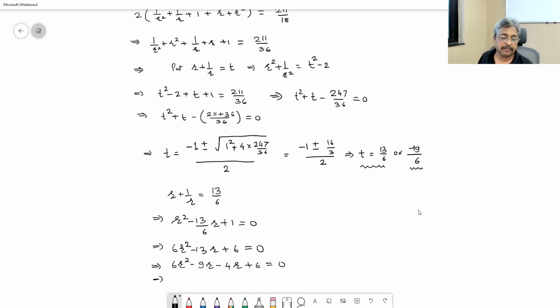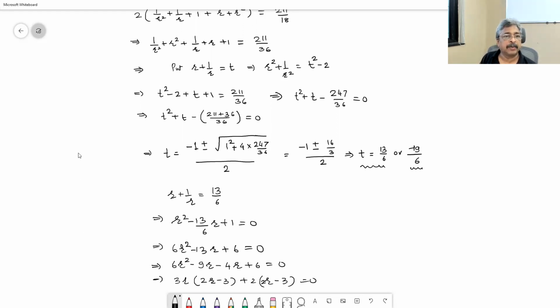What I was doing, it should get multiplied to 36. 3R inside bracket 2R minus 3 minus 2 inside bracket 2R minus 3 is equal to 0.